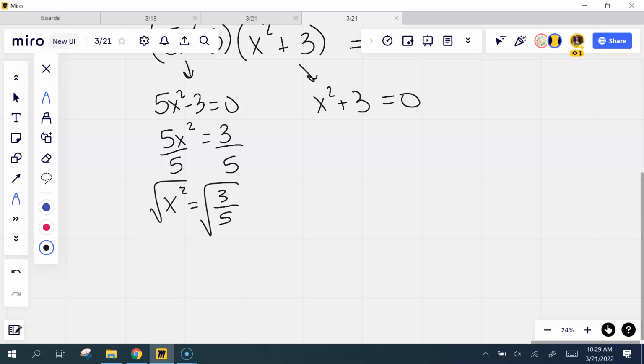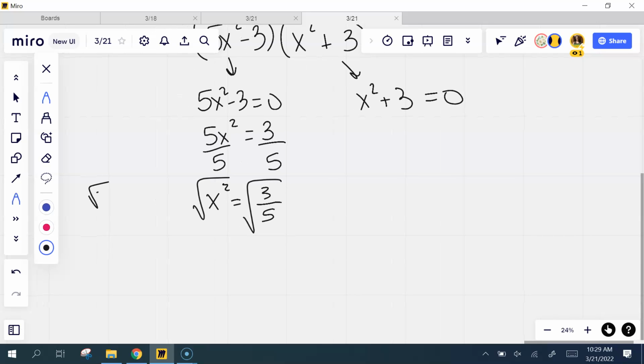Can I leave it like that? It would be nice. What's wrong with the way it is? Do y'all remember? I can't have a radical in the bottom. How do I get rid of it? Close. You're really close.